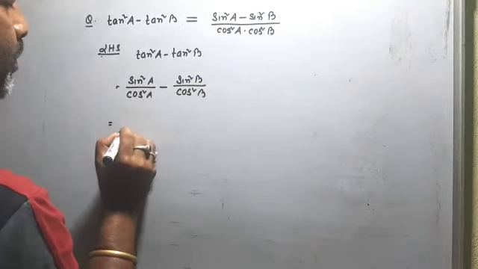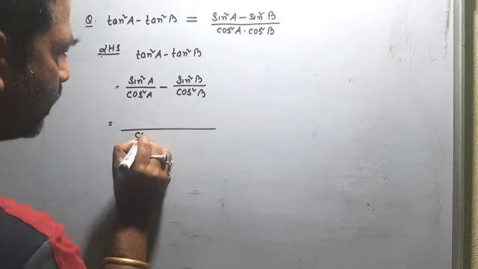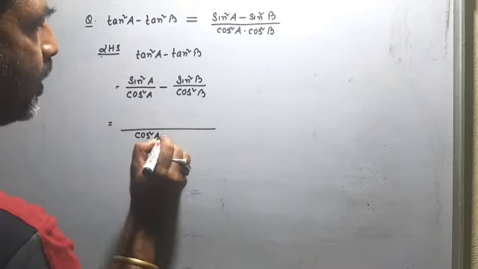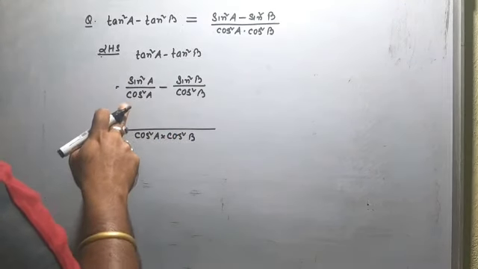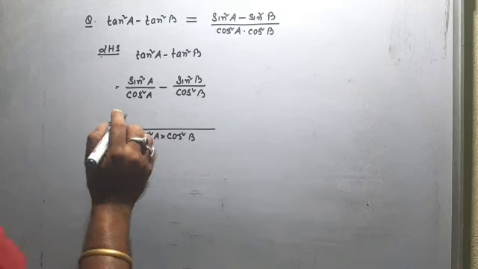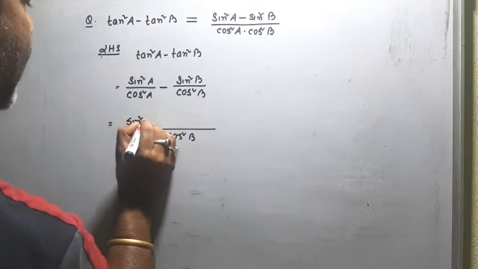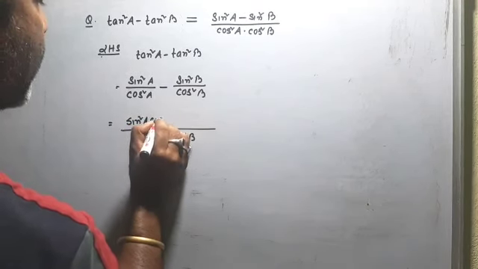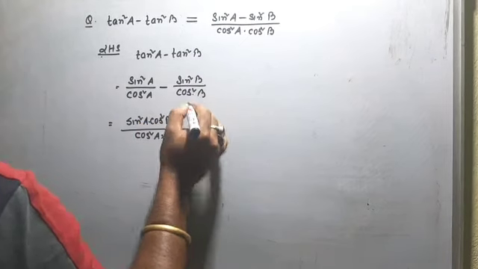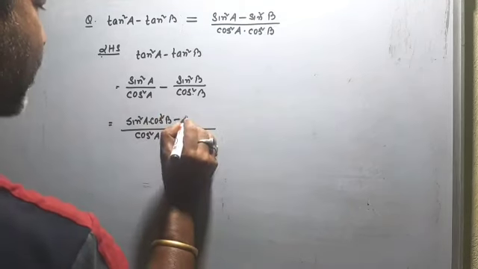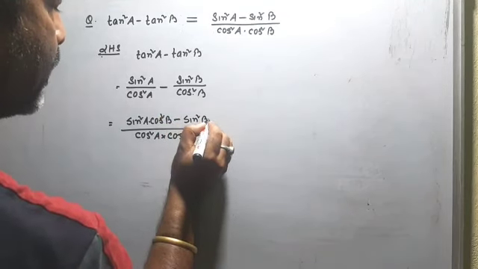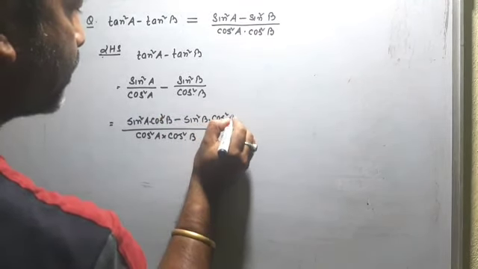So you have LCM cos square a into cos square b. Here the cos squares cancel. So you have sin square a into cos square b minus sin square b into cos square a. Clear?